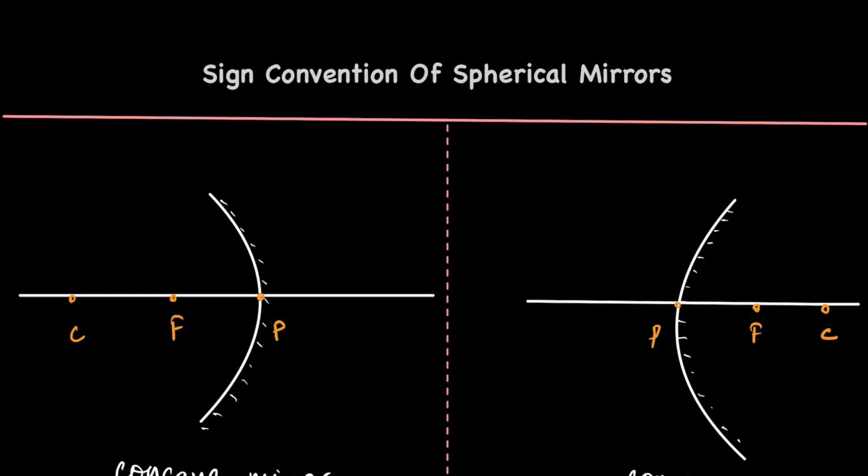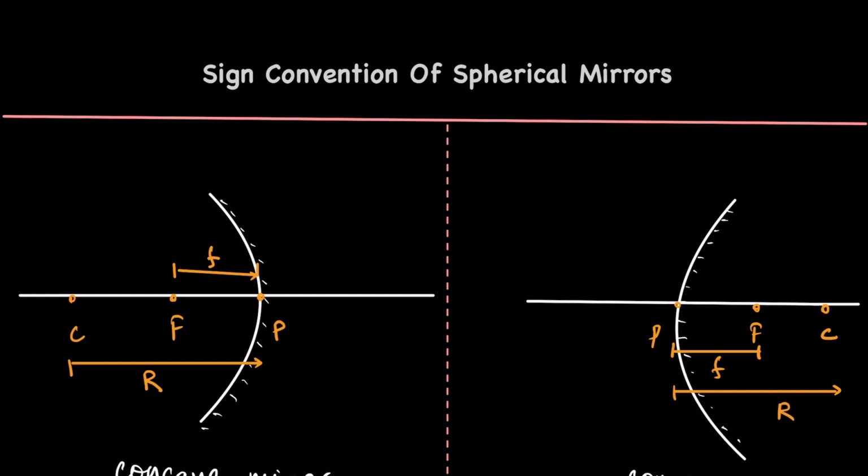In part 2, we studied about the focal length, that is the distance between focus and the pole. So this is our focal length. Here is the radius of curvature. That's the distance between center of curvature and the pole. Same way, this is the focal length and this is the radius of curvature.